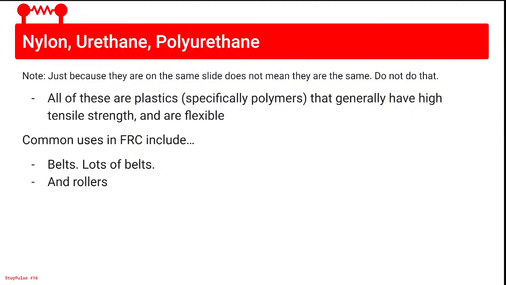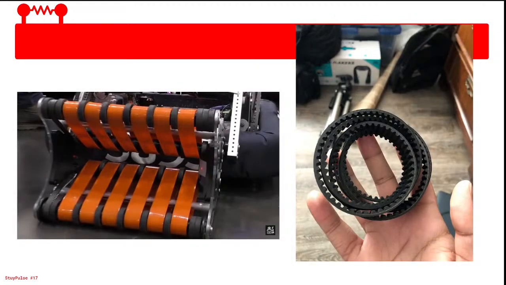Polyurethane and urethane is a lot more common in rollers. This is probably an intake a lot of people have seen this season. This is the 111, 930, all like that intake. They use a polycord belt, which is just polyurethane or urethane, and they tie it together or melt it together to form loops that are then run on a tube or something of that sort.